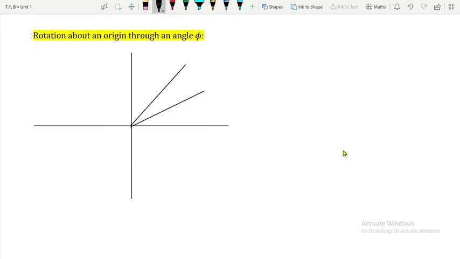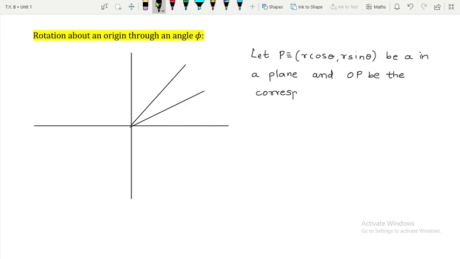So I will say, let P, that is r cos theta, r sin theta, be a point in a plane and OP be the corresponding vector. So this is our point P, let us say.